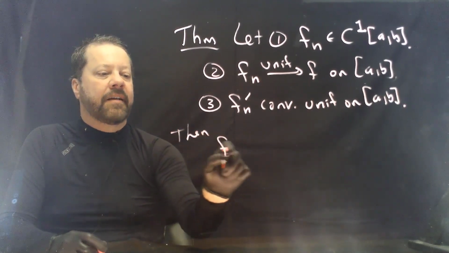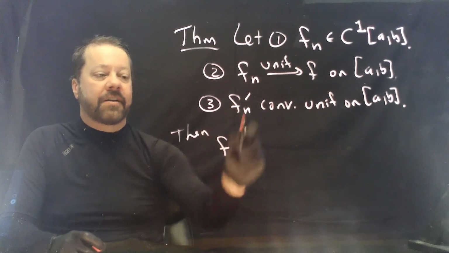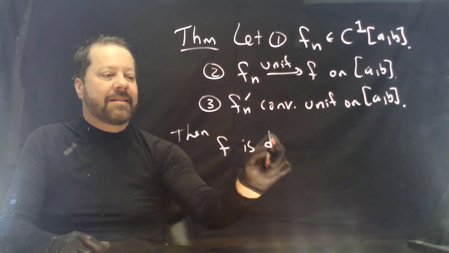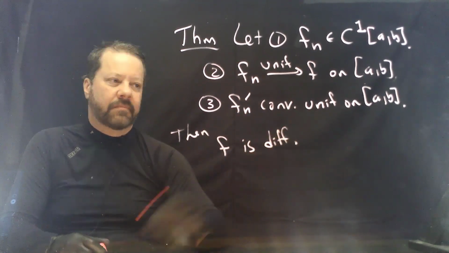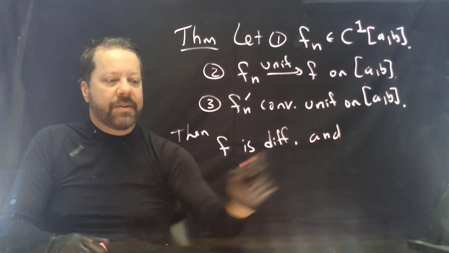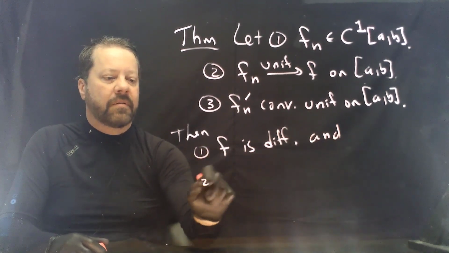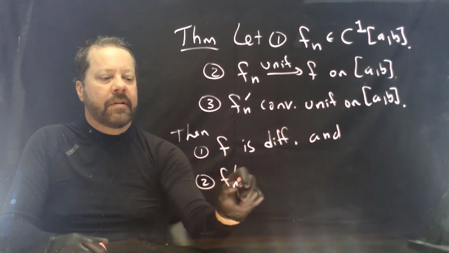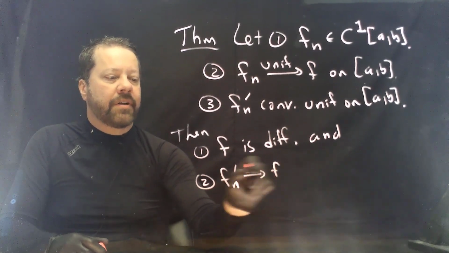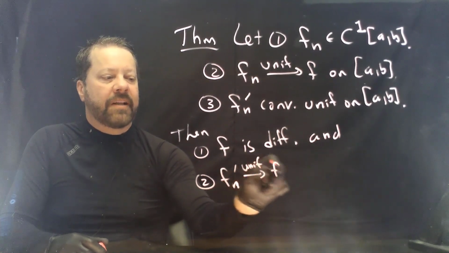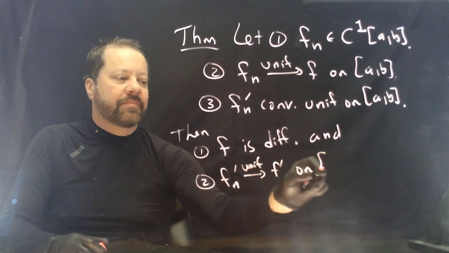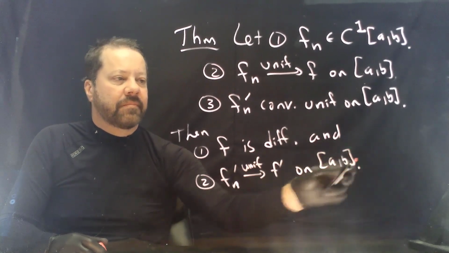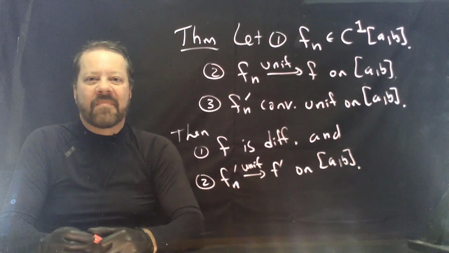Then the function f that these things converge to is differentiable, and what is more, the derivatives will converge uniformly to f prime on AB.